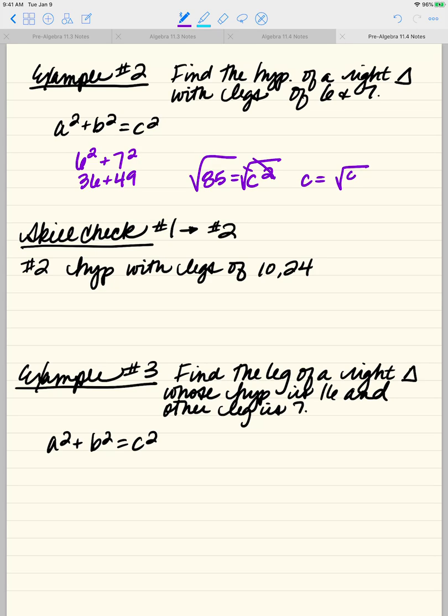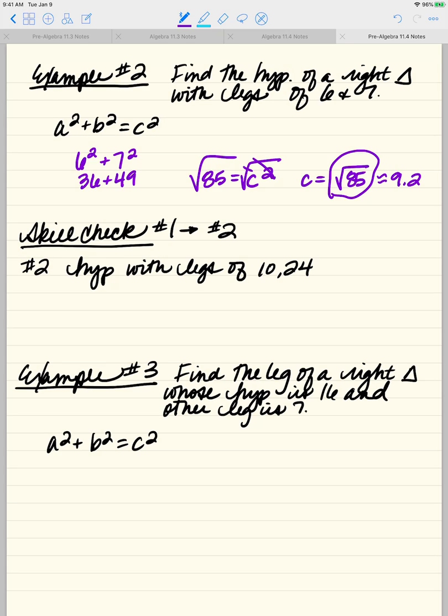C is equal to the square root of 85. You can leave this just like this. You do not have to approximate the square root. If it's not a perfect square, square root of 85 is completely acceptable. If you feel the need, go ahead and pop it into your calculator. You get approximately 9.2. But if it's not a perfect square, you're completely fine leaving it as a radical, okay?